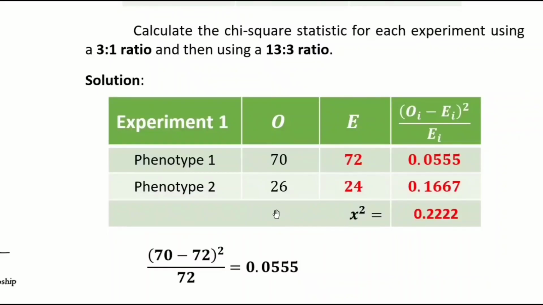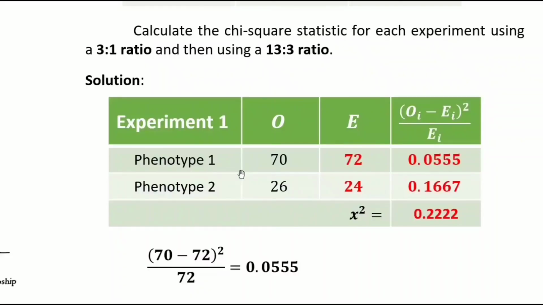Now, how do you get them 3:1? So, 3:1, yung 3 doon, 75%, yung 1, 25%. So, you multiply 0.75 to 96 rather, to the total, to get the expected value for phenotype 1.